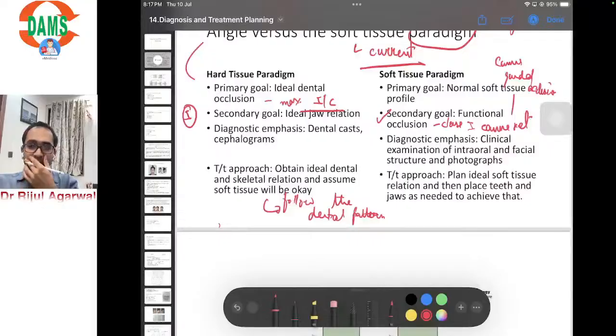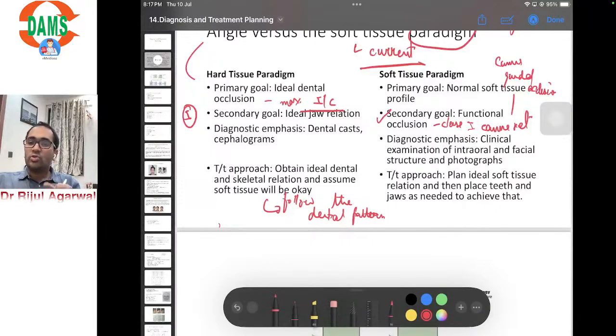Because the muscle pattern is not in harmony with the skeletal base. What Angle was doing was just expanding the arches, remember E arch, ribbon arch. So what will happen when we remove the brackets and the wires? The arches used to collapse and relapse because of the improper balance between the muscular forces and the dental tissue.